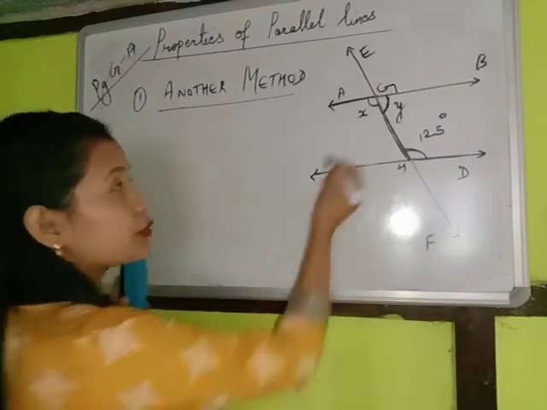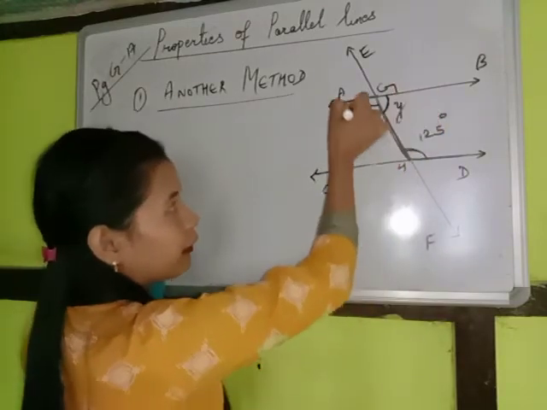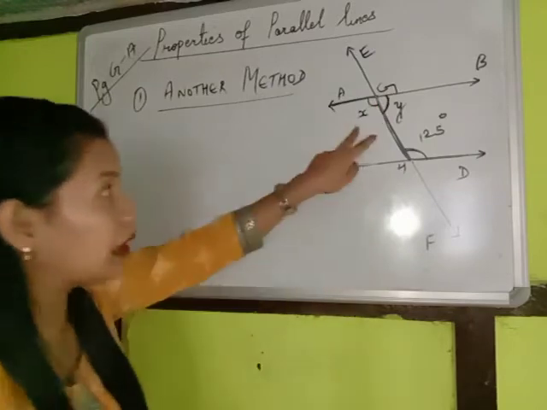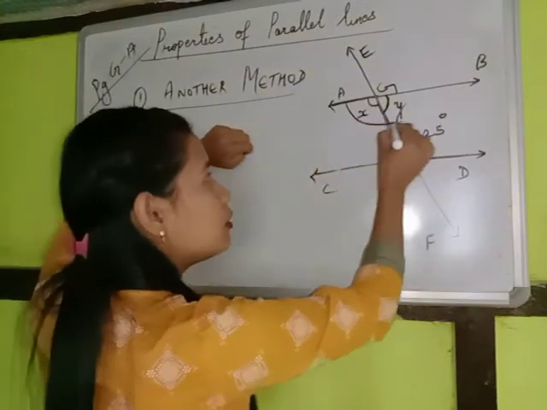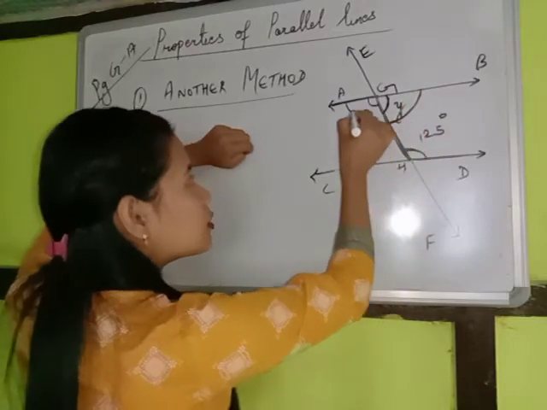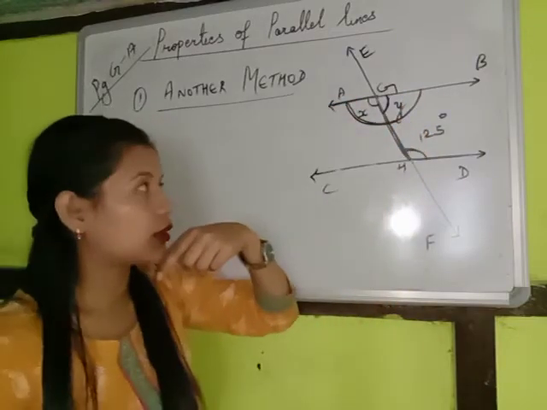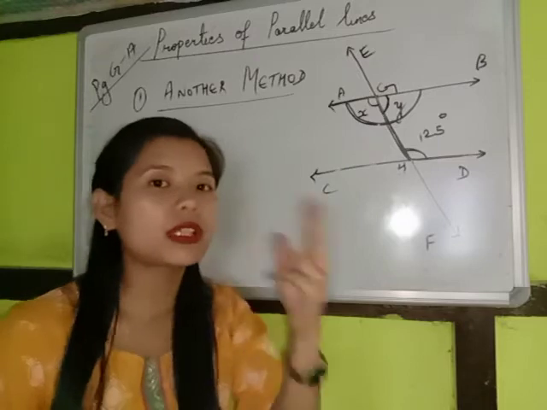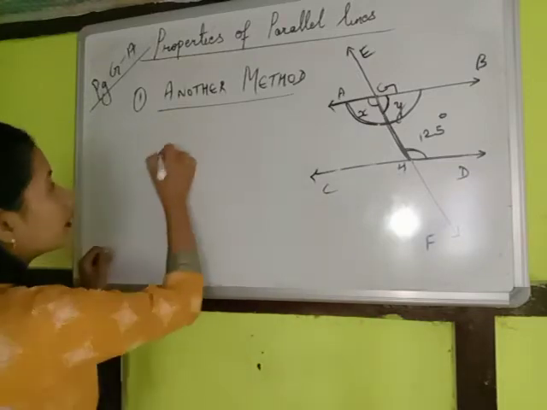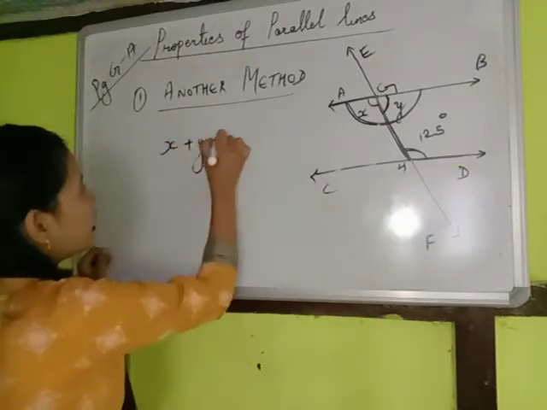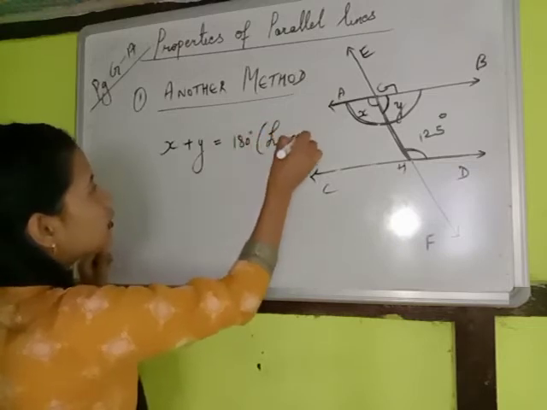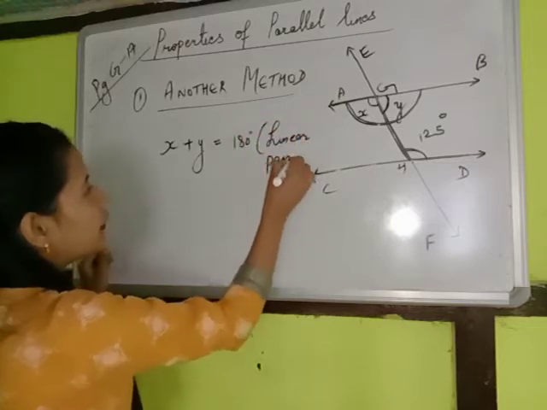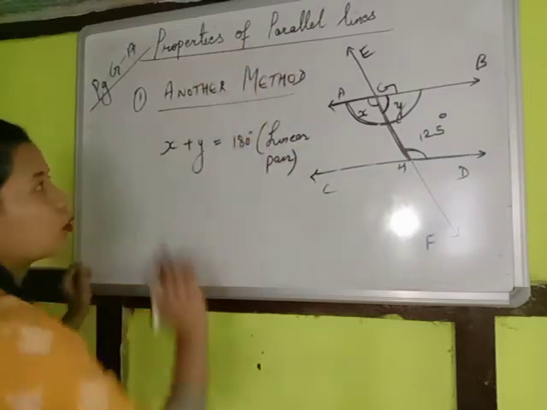I can even use my knowledge of linear pairs. x and y form a linear pair because the sum of the two angles equals the measure of a straight angle. So x plus y equals 180 degrees. You can find y by this method also.